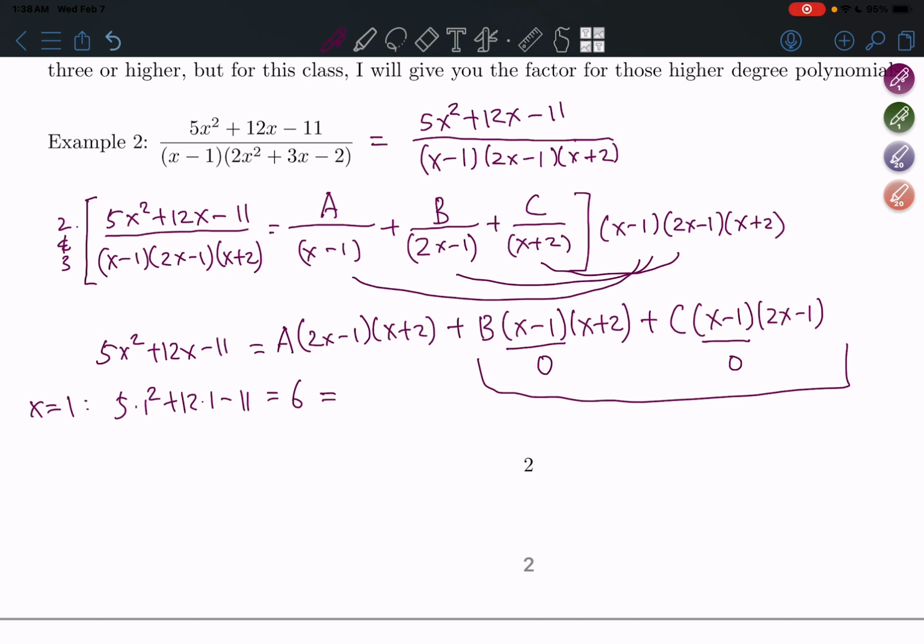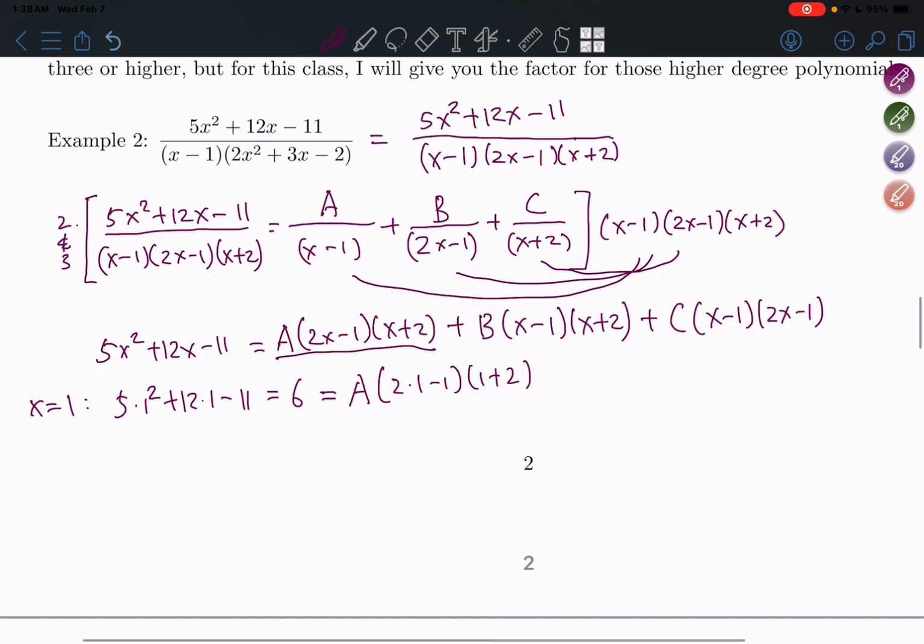So all I have left is the first expression plugging in 1. So a times 2 times 1 minus 1, 1 plus 2, which is a times 2 times 1 is 2, minus 1 is 1, 1 plus 2 is 3, so a times 3.